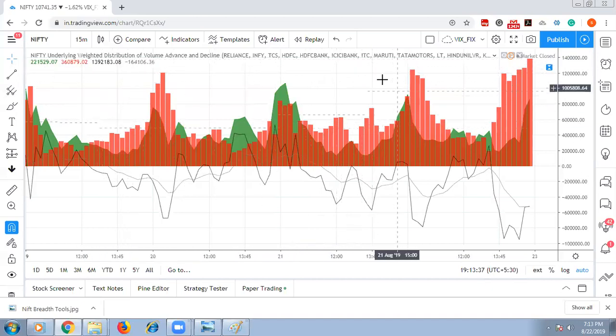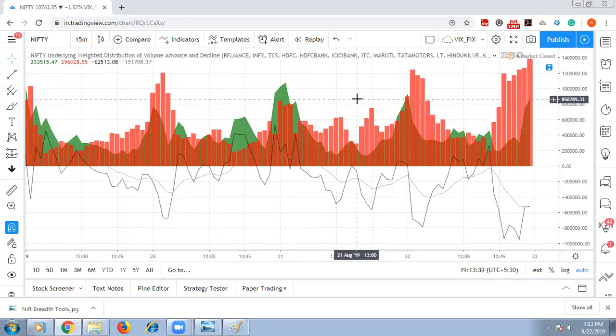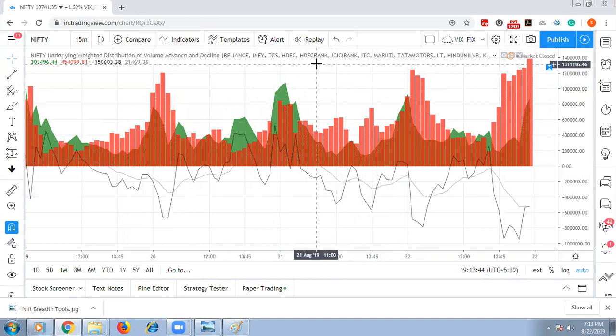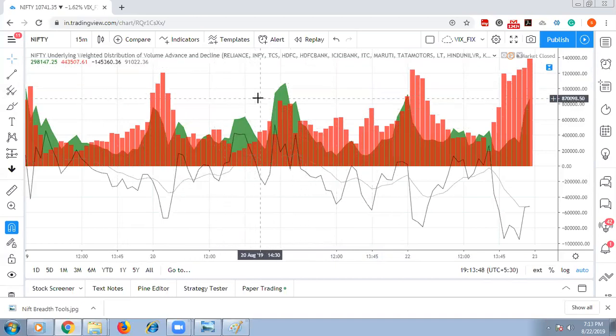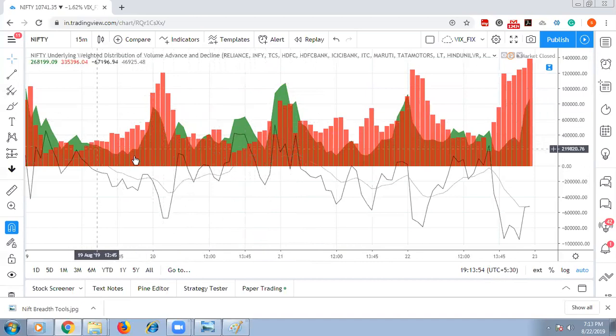So now we have applied the same formula here, and we have assigned the capitalized weighted index, and the volume preference will be given based on the formula of how Nifty or Bank Nifty is formed. So that is the reason why this tool is very important for you to have when trading Nifty or Bank Nifty.